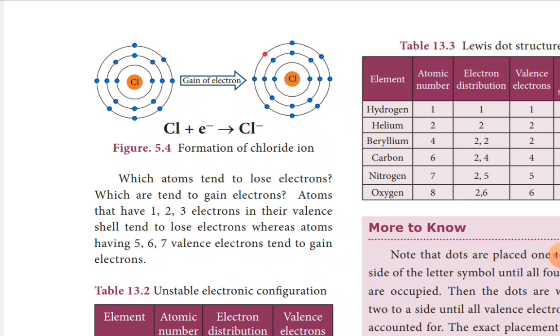At the same time, atoms having 5, 6 or 7 valence electrons in the outermost shell are ready to gain electrons, like chlorine, fluorine. So non-metals gain electrons, metals lose electrons. In this way, bond formation takes place.